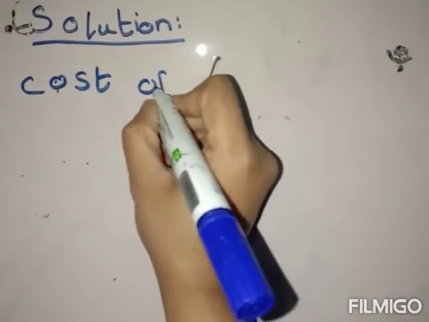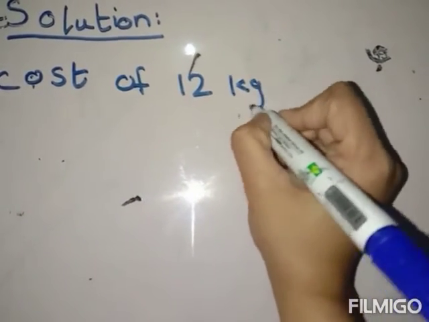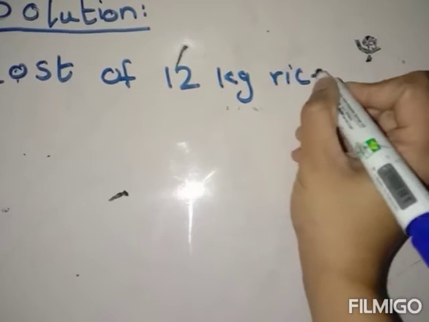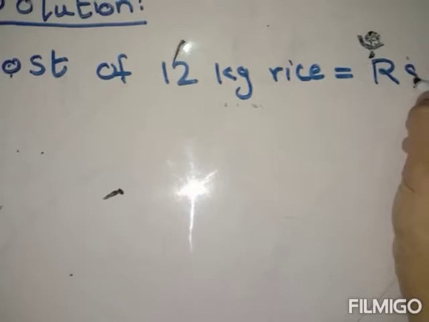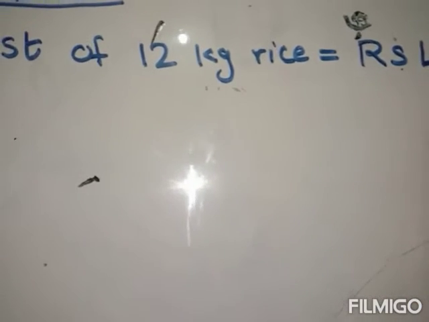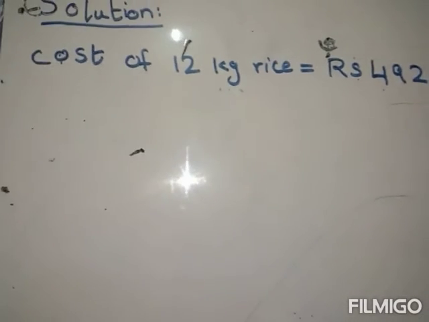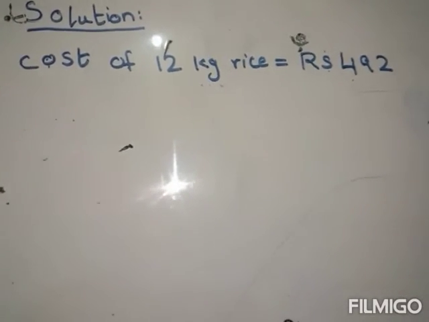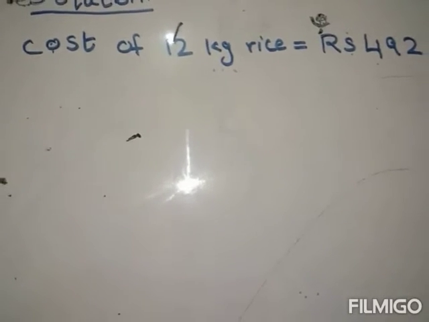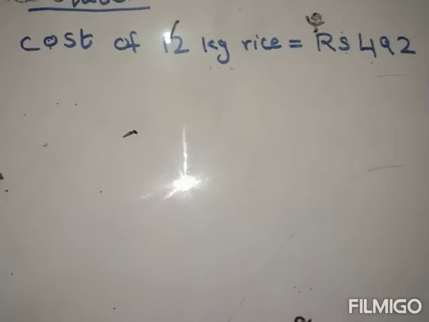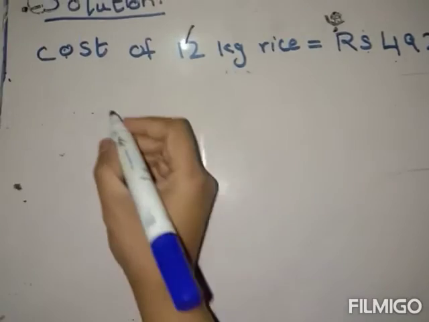Cost of 12 kg rice is equal to rupees 492. Students, I have told you that if they have given you the price of more things and you have to find the price of few things, you can easily apply the unitary method. First of all we will find the price of 1 kg of rice.